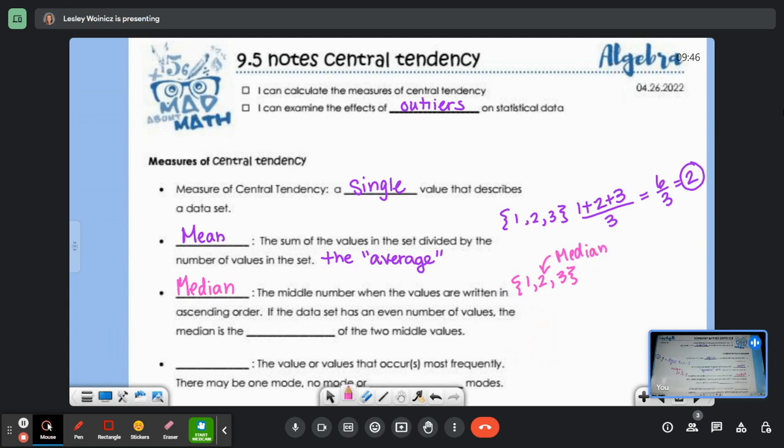Now, if I have an even number of values, like 1, 2, 3, and 4, I take my two middle numbers, add them together, and average them. So that would be 2 plus 3 divided by 2. So 5 divided by 2 is 2.5. And 2.5 would be the median.